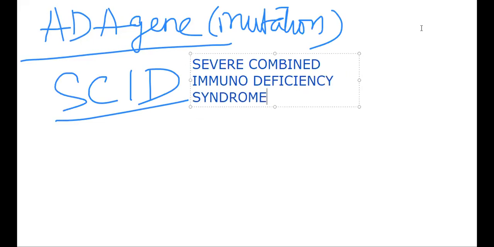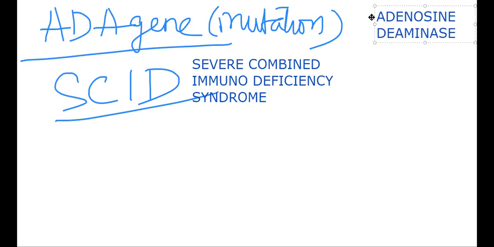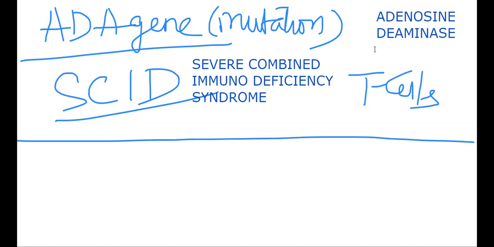The enzyme name is adenosine deaminase. This enzyme is actually produced in T cells, the immune cells of the body. Then what we have to do? The patient's cell is taken out.